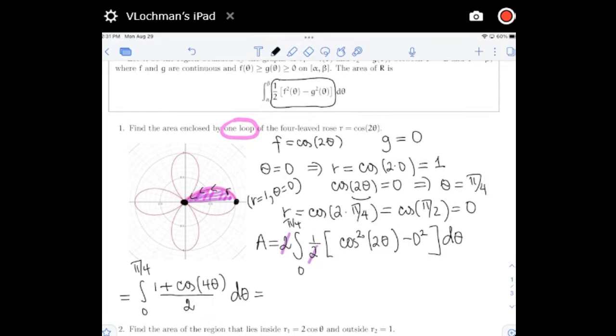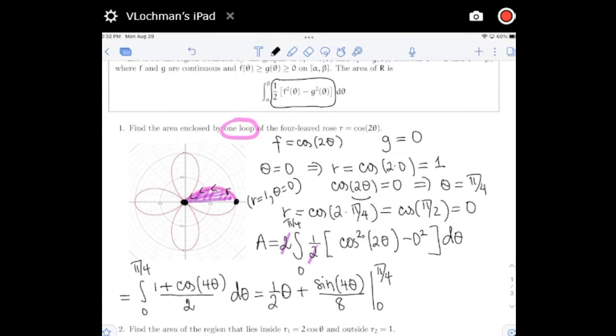Well, now we can integrate this. This is going to be 1/2 theta, and this becomes sine of 4 theta over 8. We go from 0 to pi over 4.